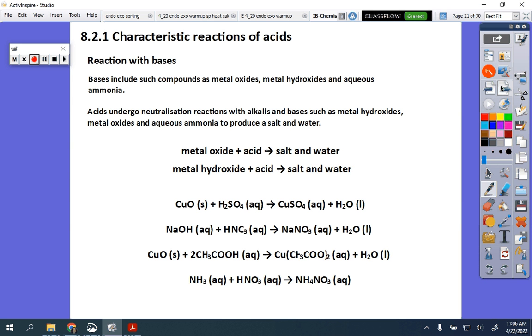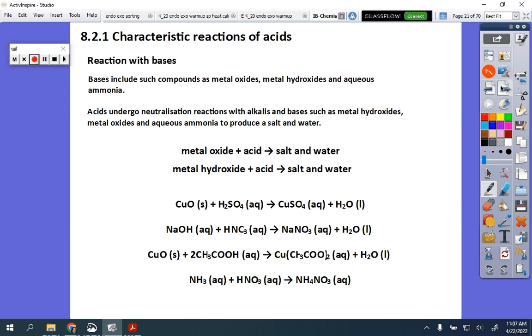So, for example, we've got several different reactions on here. I forget which ones are on your study guide, but you can hopefully see the pattern. So, for example, copper oxide is a base.